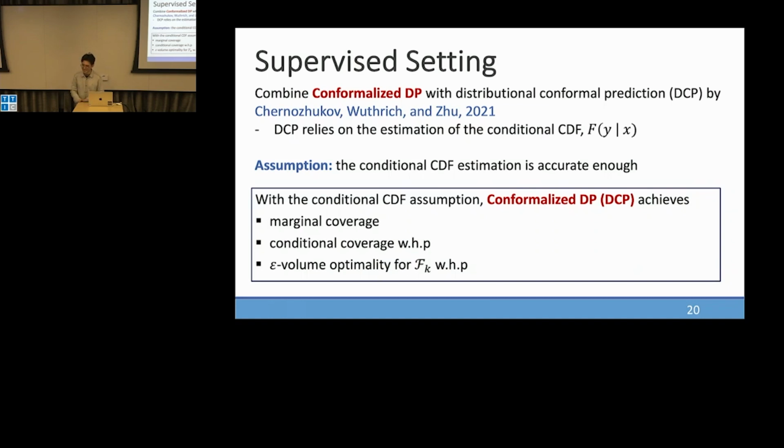If you had that, wouldn't you be completely done? If you really trusted it, if you have the true CDF, then you are done. But here you're assuming that you have the true CDF. Now we assume we have a noisy estimation of the CDF.